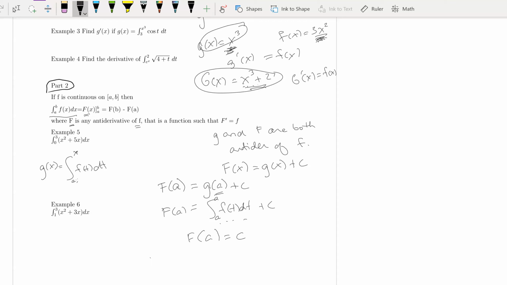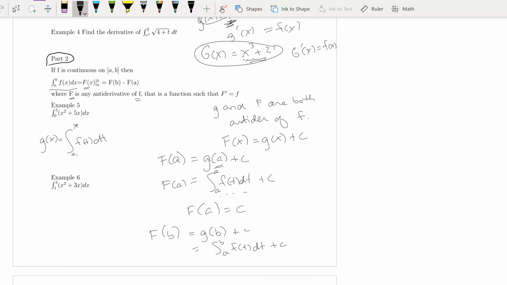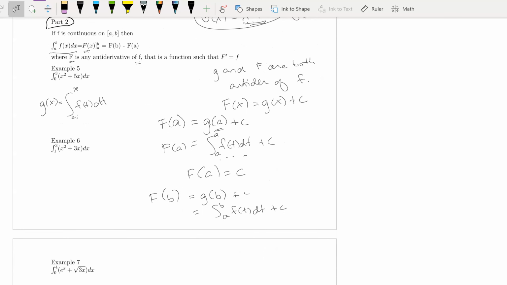All right, so what about F of b? So F of b will be the same thing as saying g of b plus c. So that's going to be the integral from a to b of f of t dt plus c. Okay, so let's put this together. So what they're saying is this integral from a to b of f of x dx is equal to F of b minus F of a.